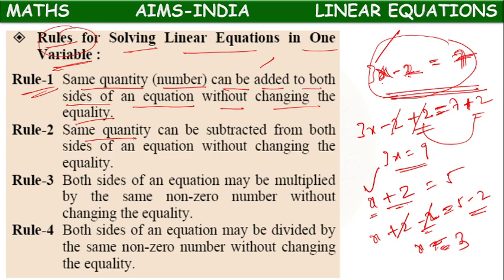So same quantity can be subtracted from both sides. Here both sides means what? LHS, RHS. Left hand side, right hand side. These two are considered as both sides. So without changing the equality, we can subtract same number.